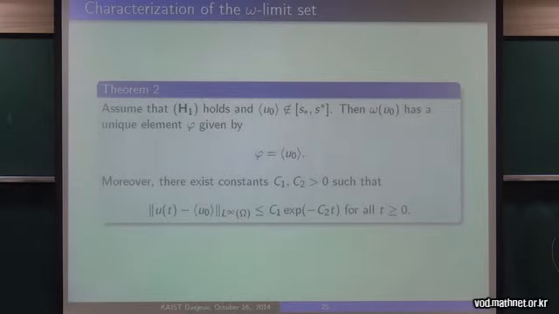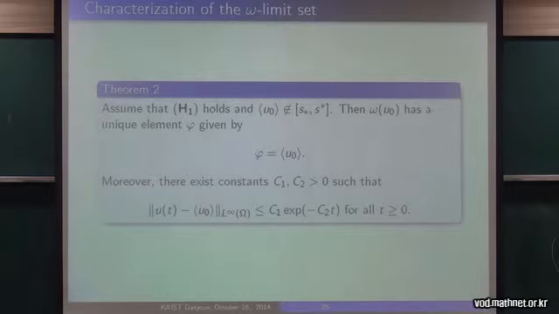Then we have to try to go further with characterizing the omega limit set. Assume again that H1 holds, and here we make some more assumption on U naught, namely that the average of the initial function is outside the interval S lower star, S upper star.